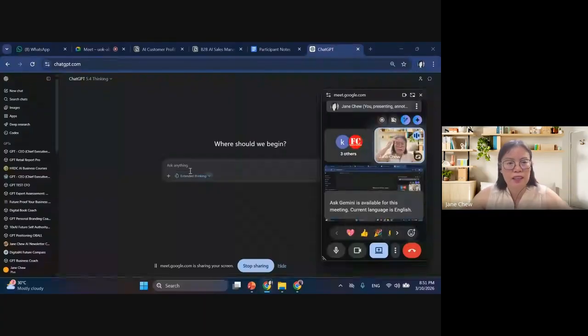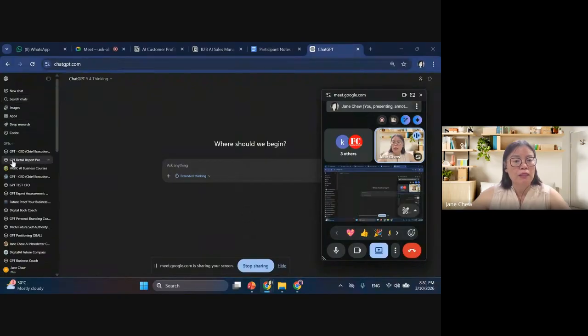I open up my ChatGPT first. Okay, this is my ChatGPT. On the left panel, there is this GPT.